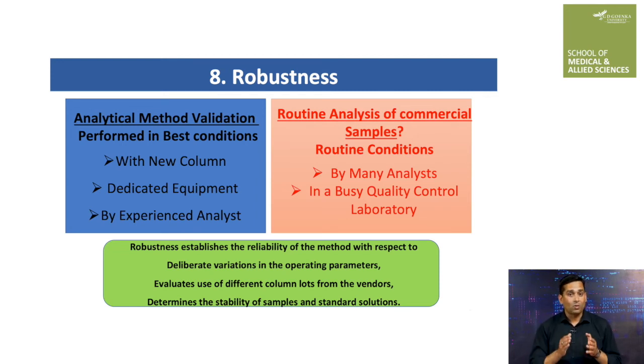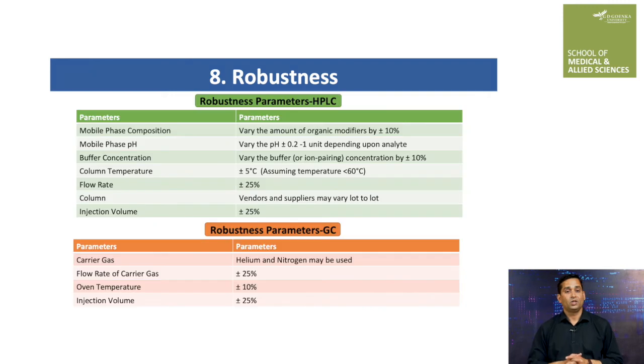Hence, robustness ensures that the developed methods will keep producing consistent results within the permissible limit without being affected by variations in different operating parameters. These operating parameters may differ according to analytical technique. Here, for example, I am talking about robustness parameters of HPLC and GC.